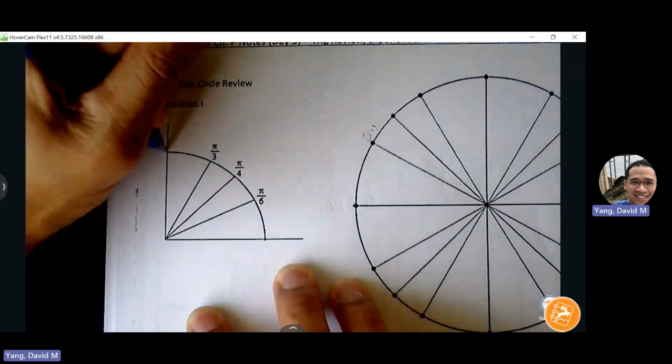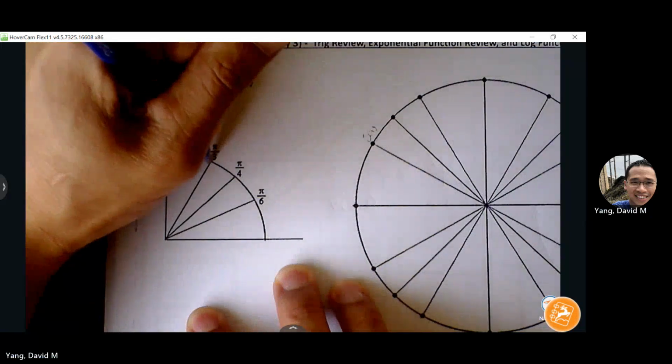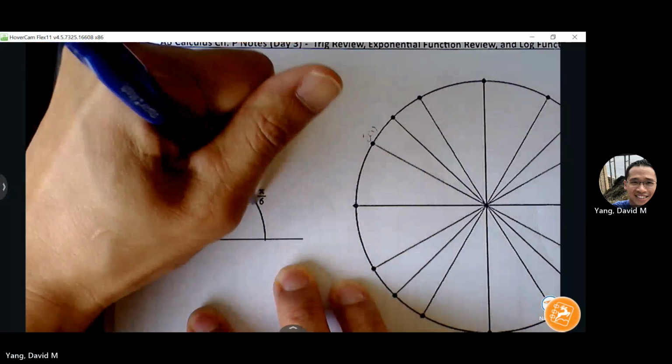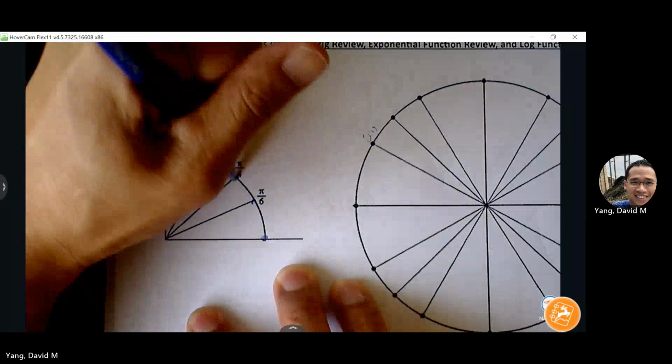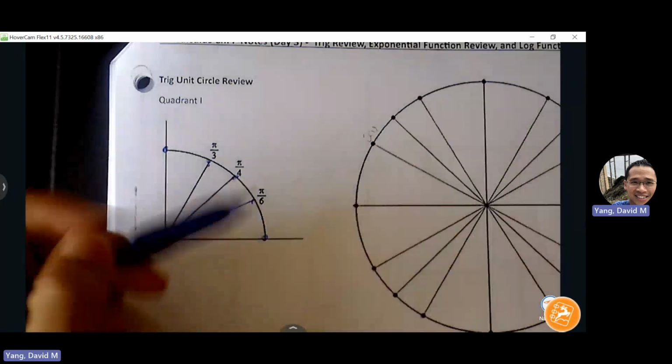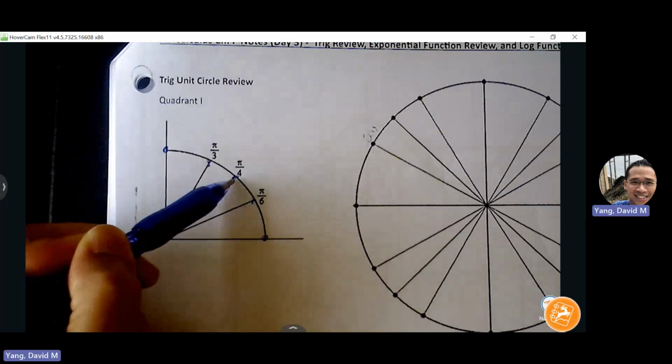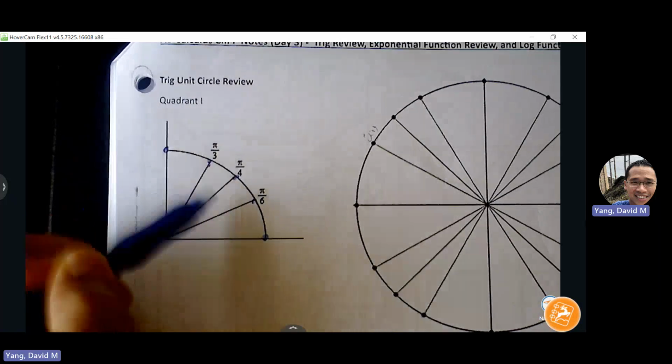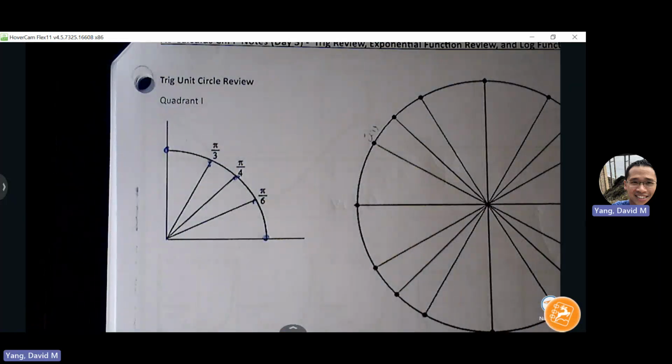Okay, so let's identify some important points here. I'm going to highlight these points. We're not dealing a whole lot with degrees in this course. A lot of it is going to be mostly radians, but we understand that this is 30 degrees, 45, 60, 90, and it's just going to keep adding its way around the unit circle in intervals of 30, 45, or 60.